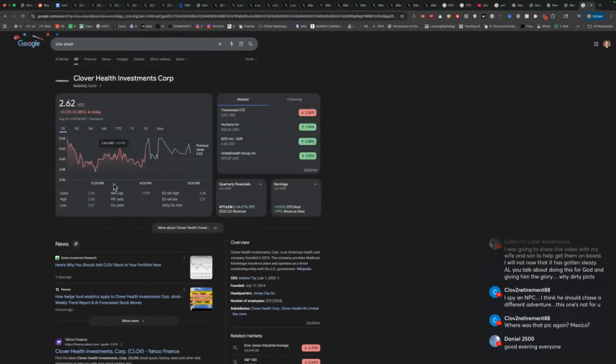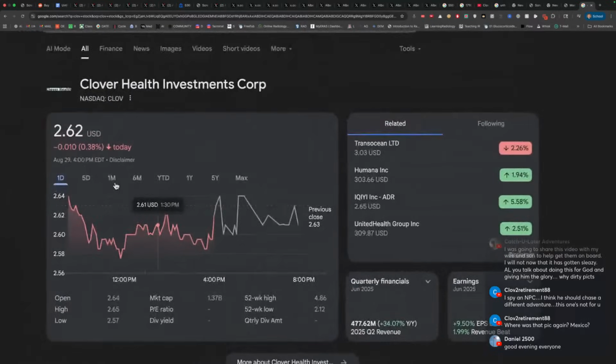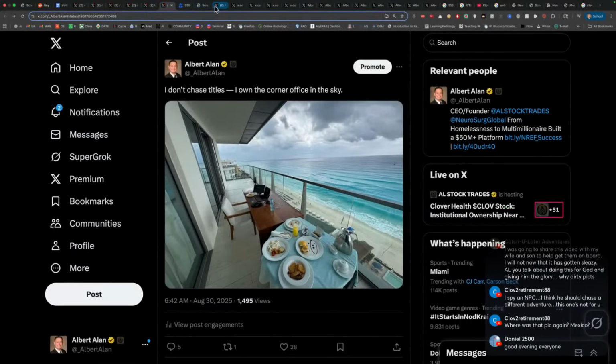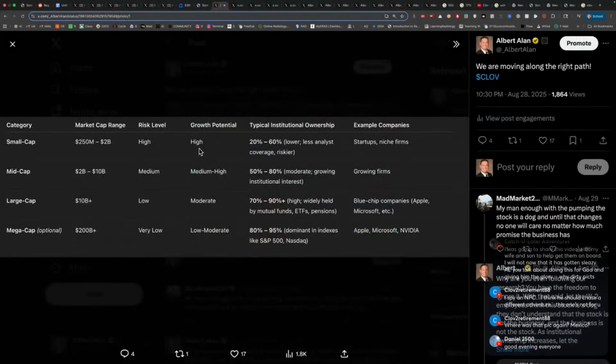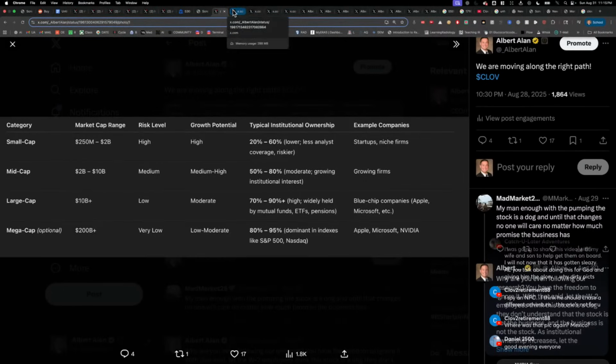The market cap is 1.37 billion. It used to be 2 billion. So we're pretty much there. And once we break out of this, we're going to get to the mid cap region, right? And then SoFi, I think, is now in the large cap, right? So there's that.